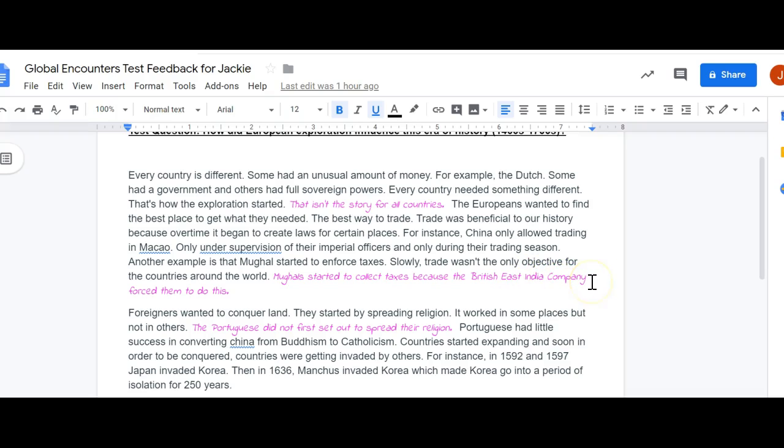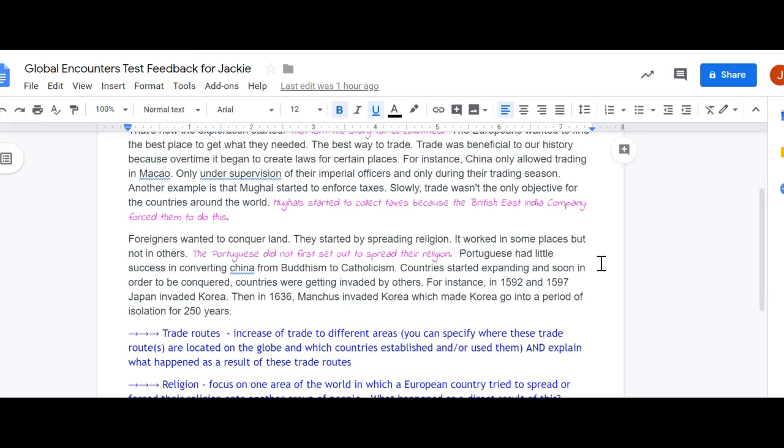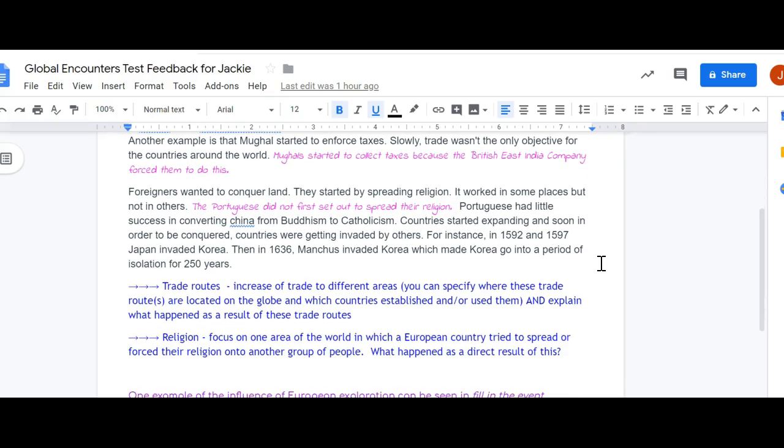Before the laws part, you talked about the best way to trade. So I'm going to turn that into your first example in your rewrite and suggest that you write about the establishment of trade routes. Now these are just suggestions.